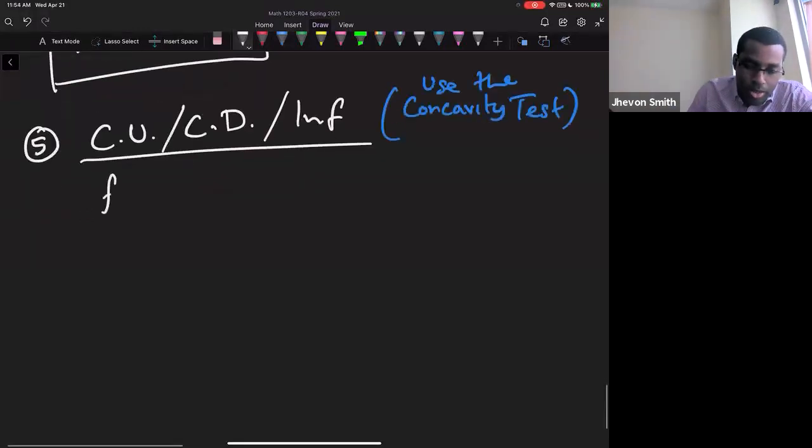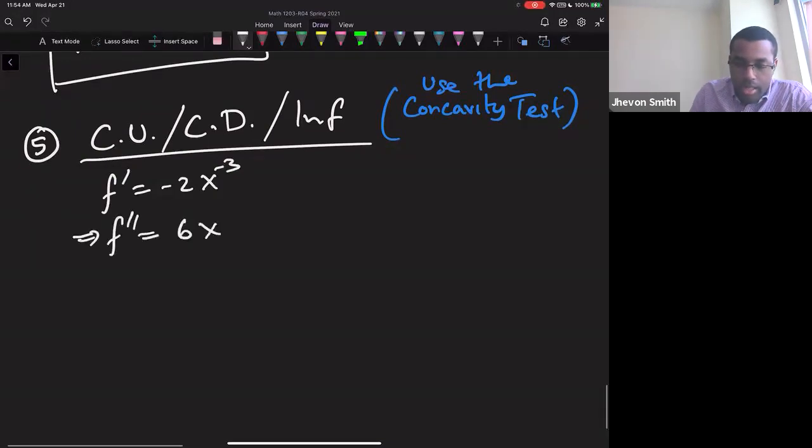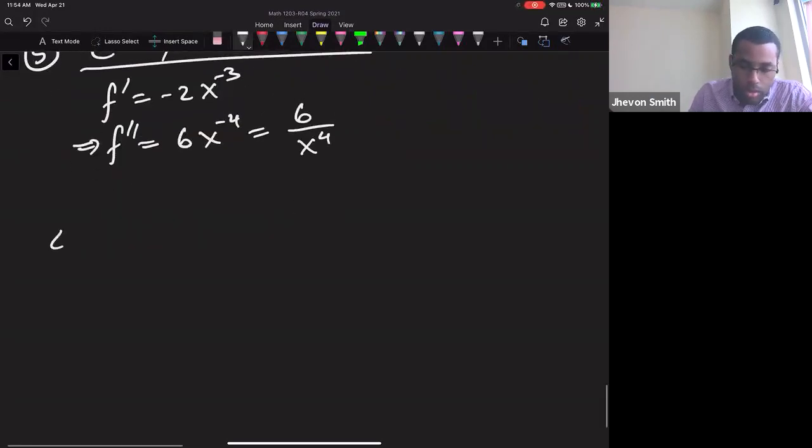Now we know that the first derivative was minus 2x to the minus 3. This means that the second derivative is going to be 6x to the minus 4, or 6 over x to the 4th. Then what you're going to do is find the critical points of f prime, which means you set f double prime equal to 0 or undefined.